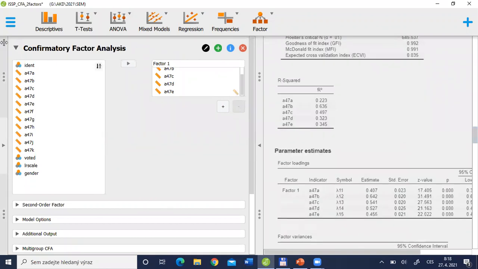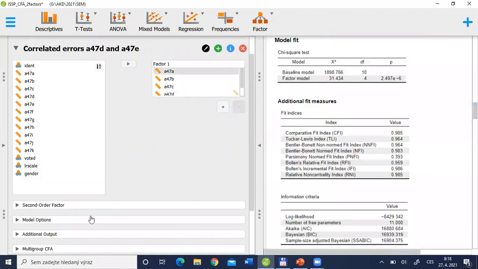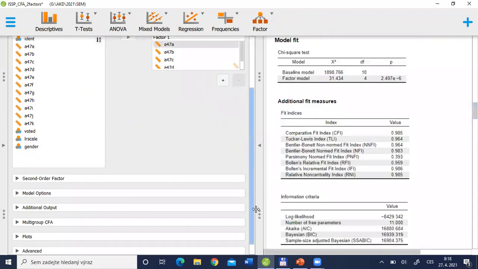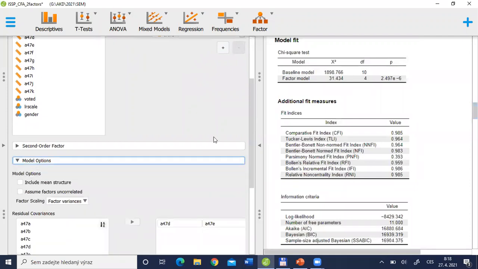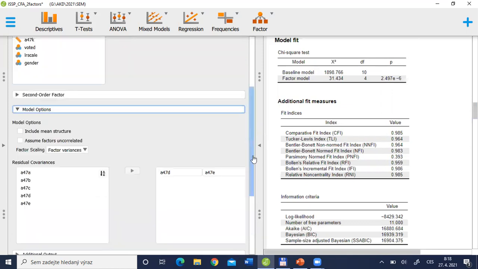I will only recap that if you would like to add these correlated errors, you would go here into model options, and here by clicking from A47D up to A47E, you link these residual errors together. So this was the last model we covered last time.